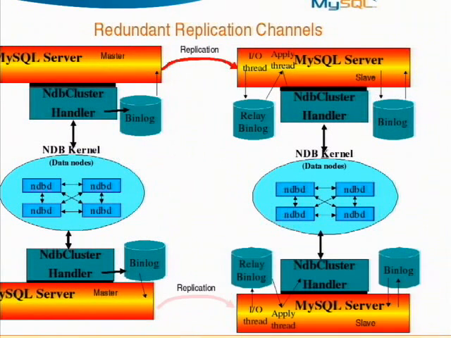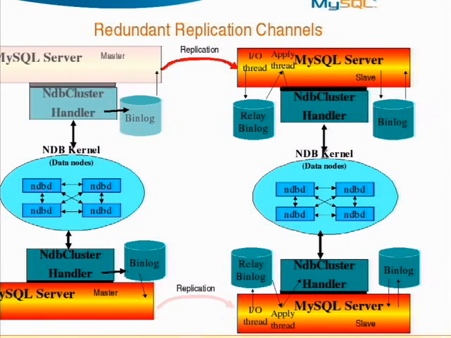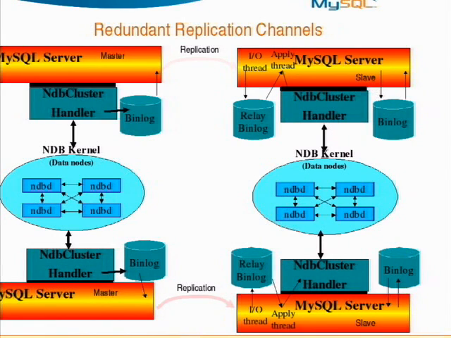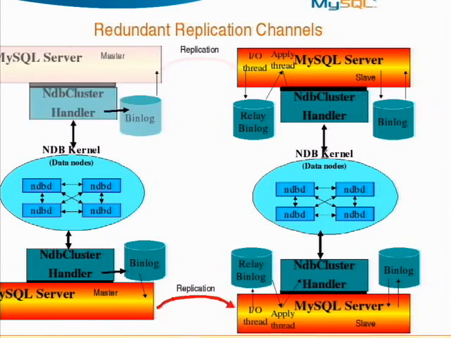And you can have another slave standing by to apply things if this slave goes down. And you can also have a redundant replication channel, for example, a different provider's internet link. So if the master goes away or the replication channel goes away, you can do failover, so you can type in the commands to do failover, and have this backup replication channel down here take over replicating from the master cluster to the slave cluster.